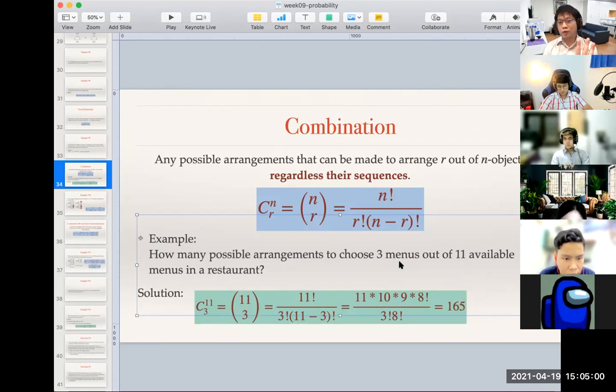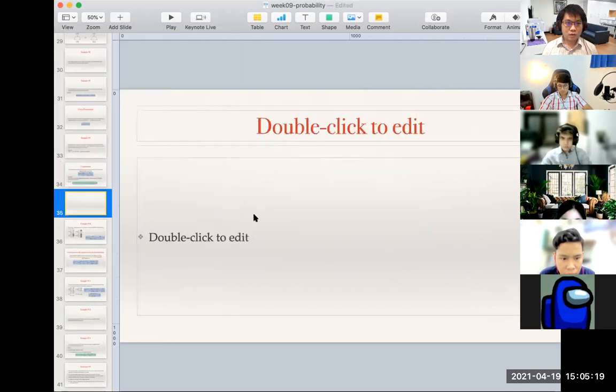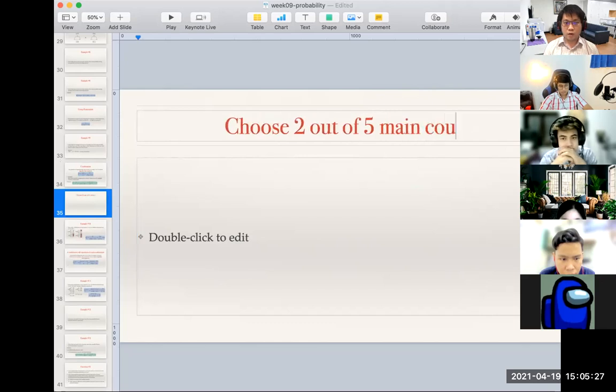Will it matter for you if you choose number 1 and then 3, or if they give you 3 first and then 1? Okay, let's say choose 2 out of 5 main courses.